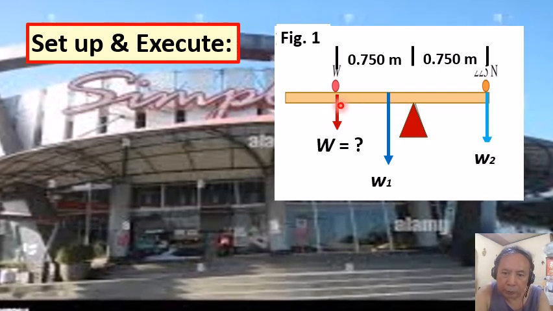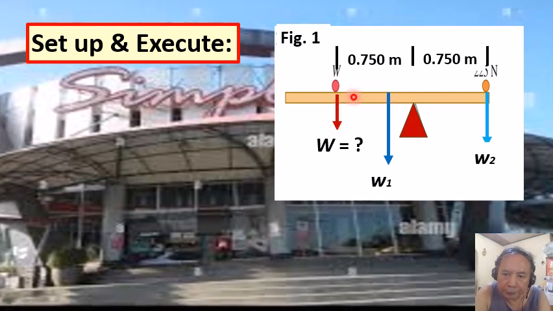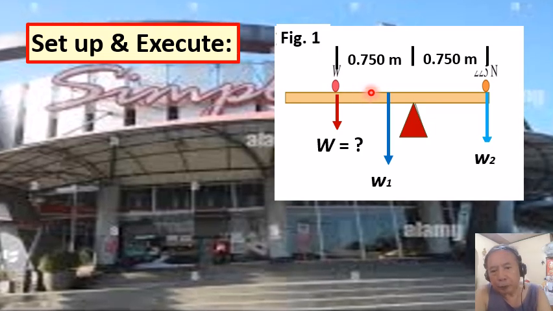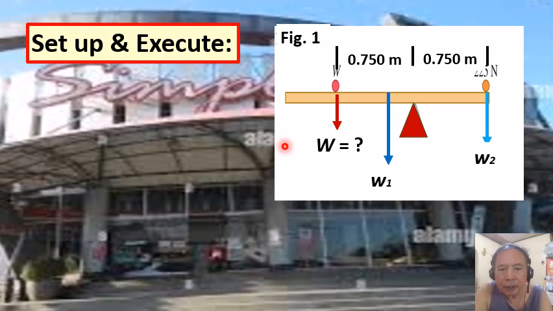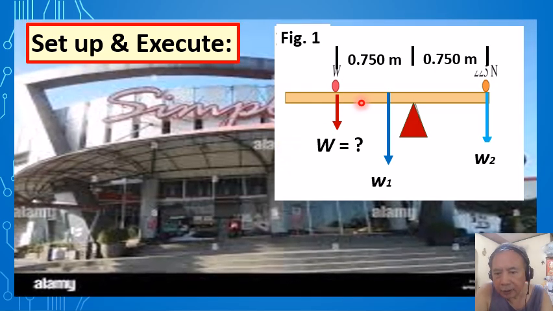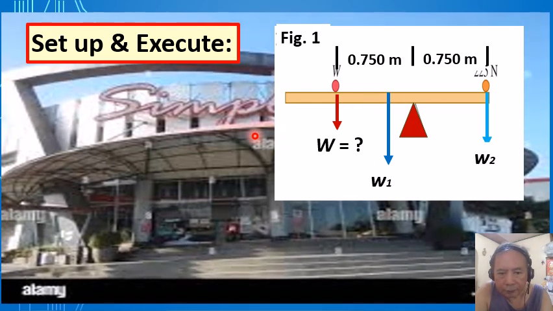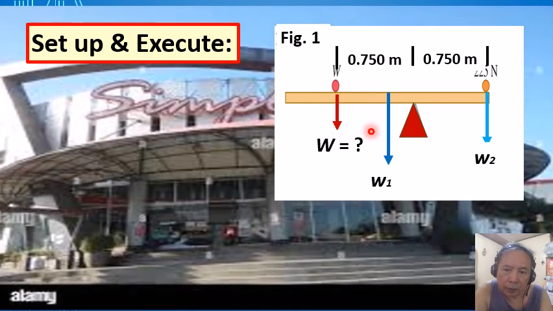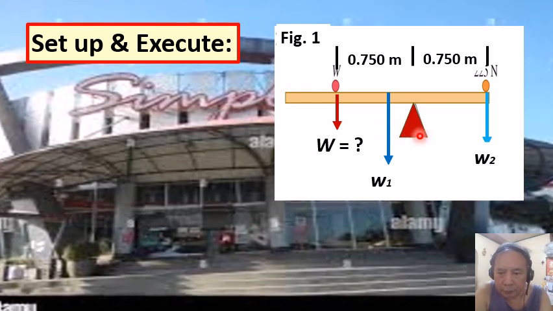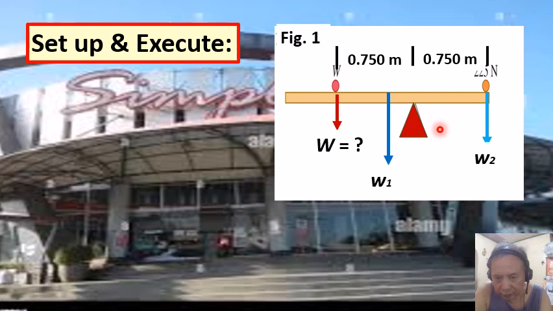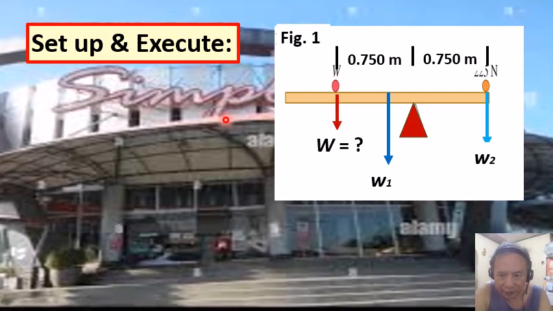Because the weight W will be moved 25.0 centimeters to the right, we'll also be moving the fulcrum to the right to restore balance.